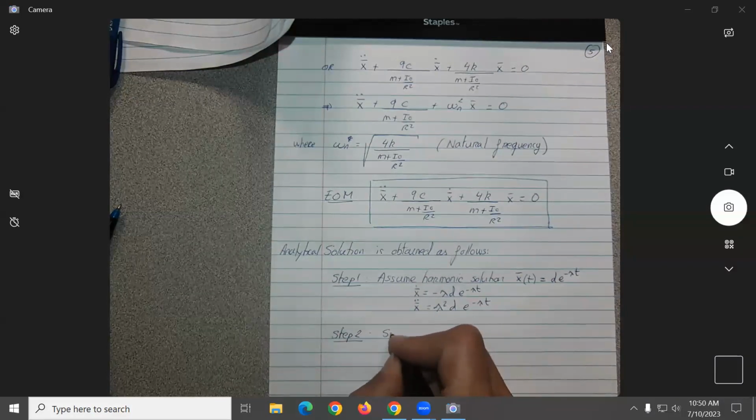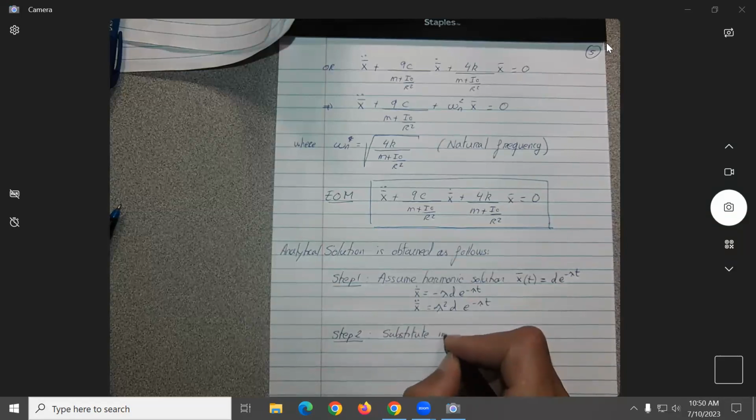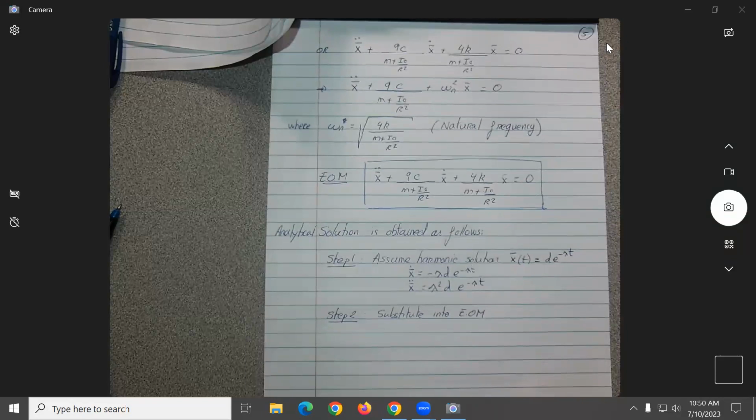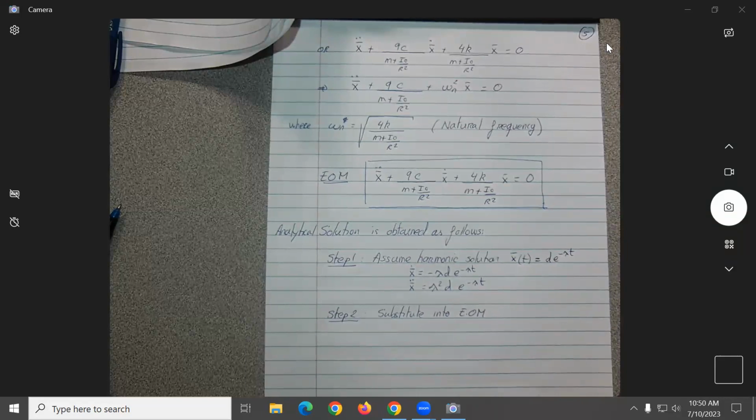Correct, so plug in or substitute into the equation of motion. So, okay, you see that all of them have in common the d exponential minus lambda t, no?